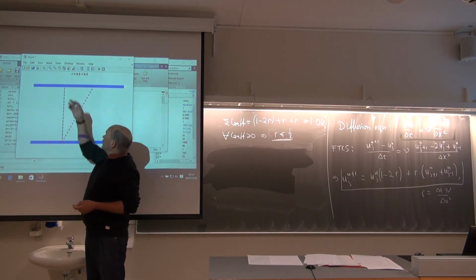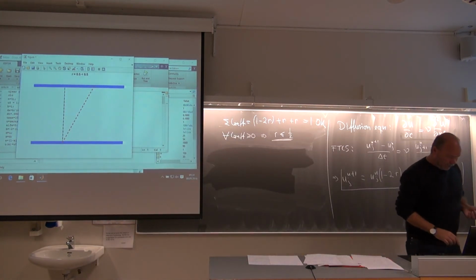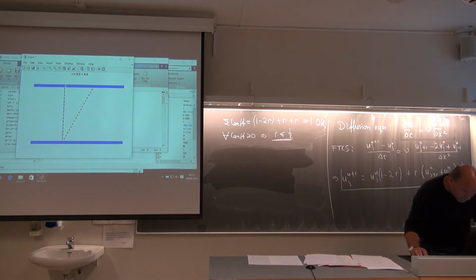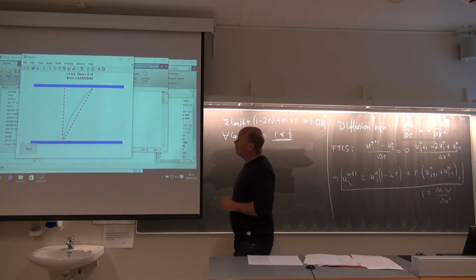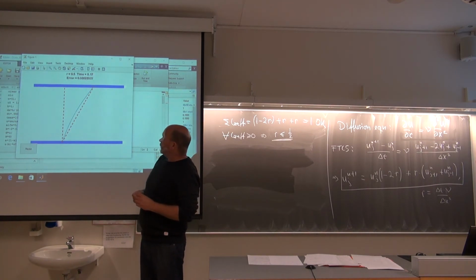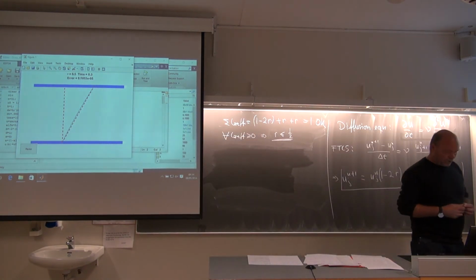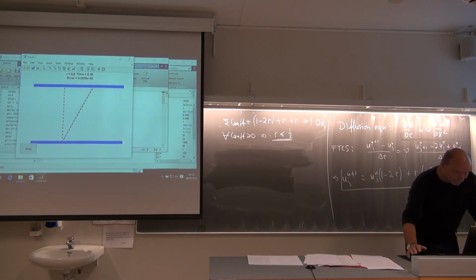And I have chosen my delta t so that we are just on the limit, r equals 1/2. And here it runs quite nicely. And the error is not that big, so yes, we can believe this one. It's stable, and it tends towards the correct steady state solution, just a straight line, so that's quite okay.